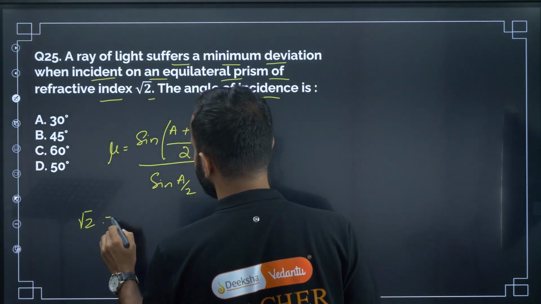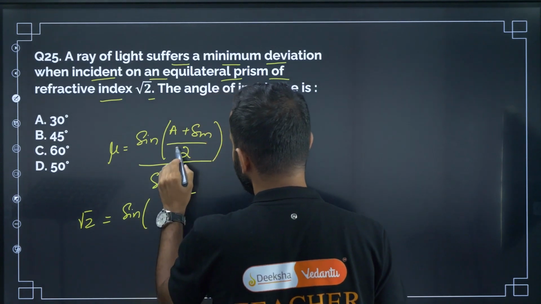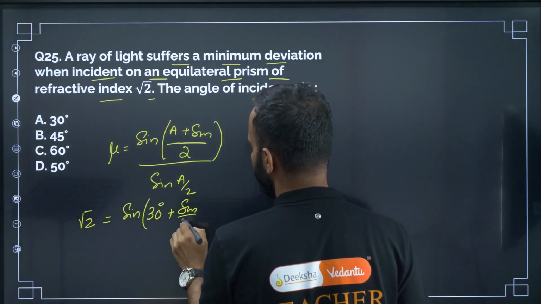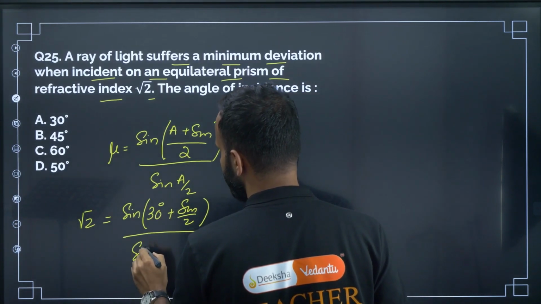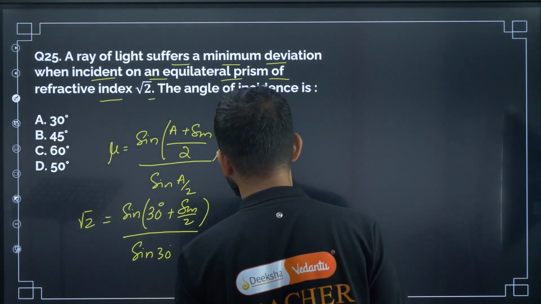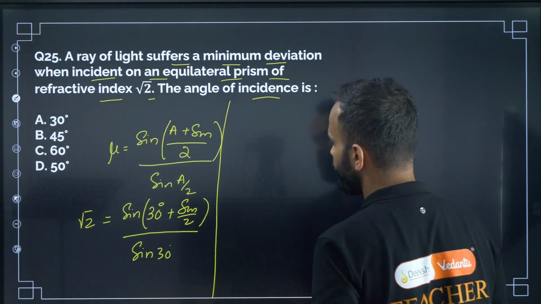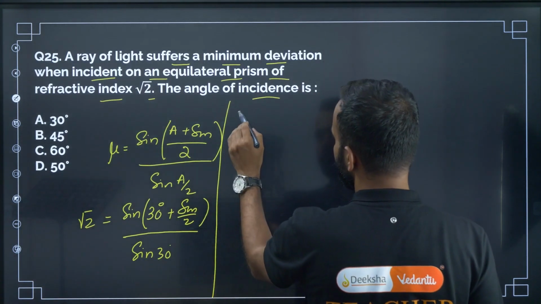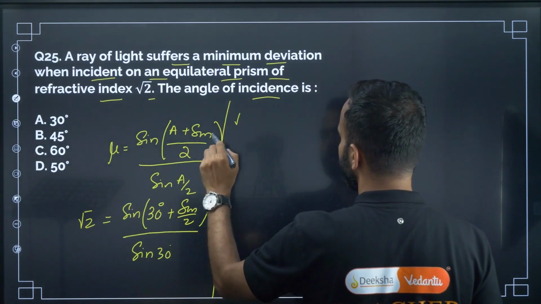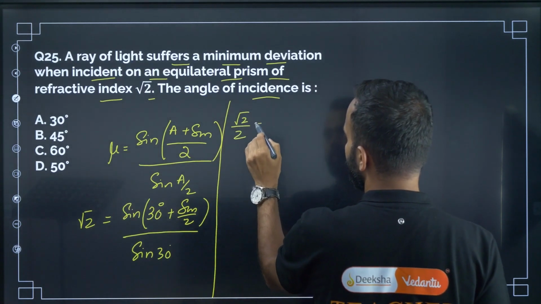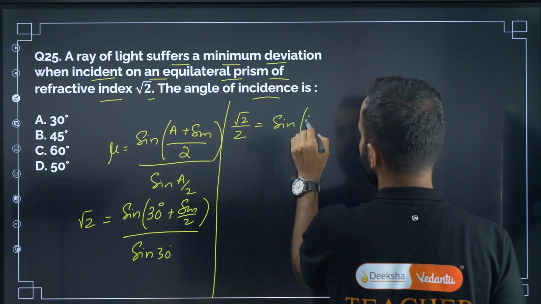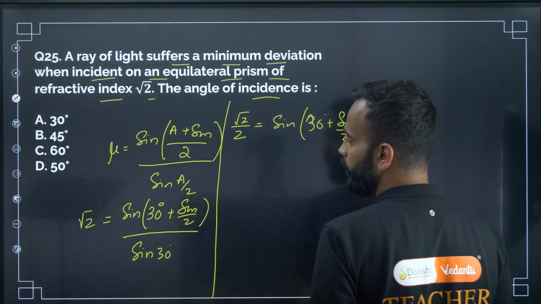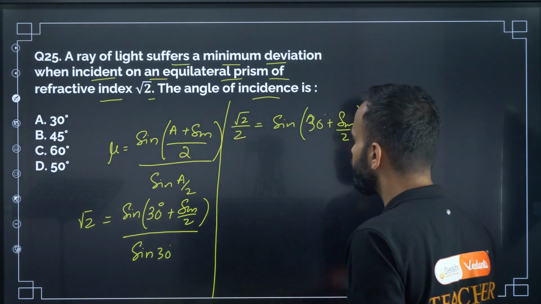So √2 is equal to sine of (30 degree plus delta m by 2) whole divided by sine of 30 degree. Now sine 30 degree is 1 by 2, so taking it to the other side, √2 by 2, which is 1 by √2, is equal to sine of (30 degree plus delta m by 2).